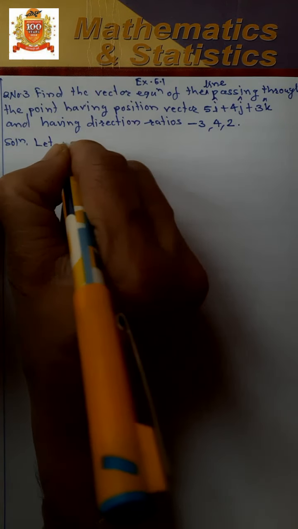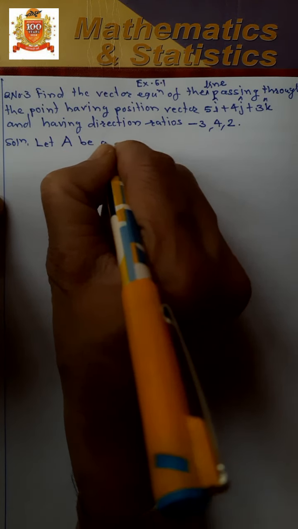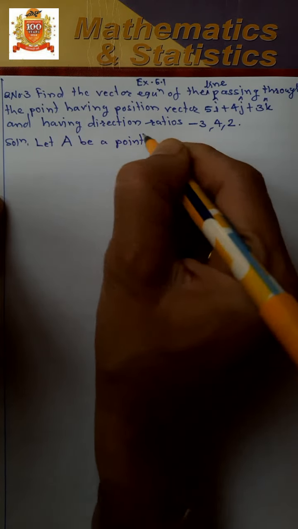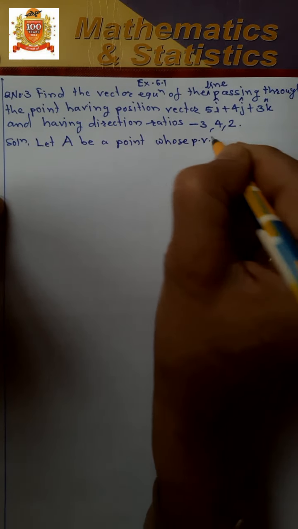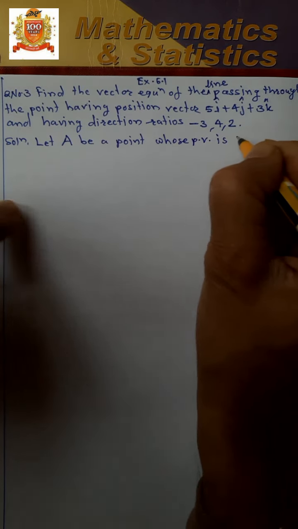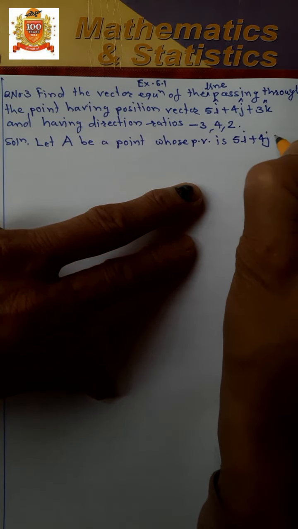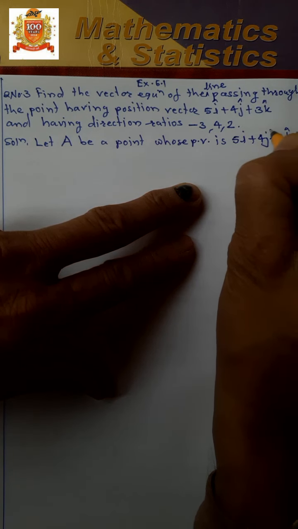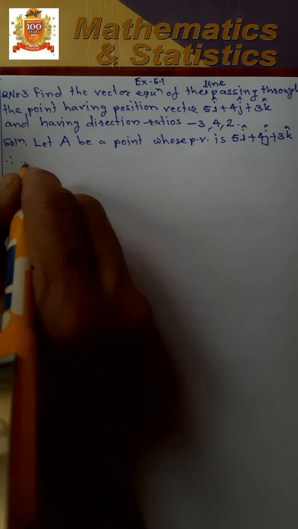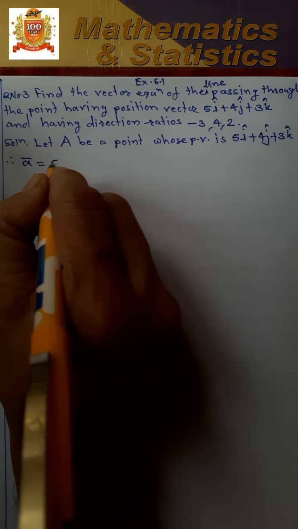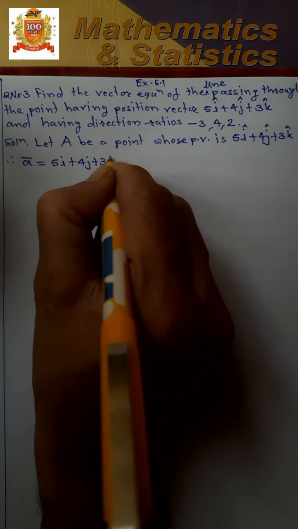Let A be a point whose position vector is 5i plus 4j plus 3k. Therefore, A bar is equal to 5i plus 4j plus 3k, isn't it?